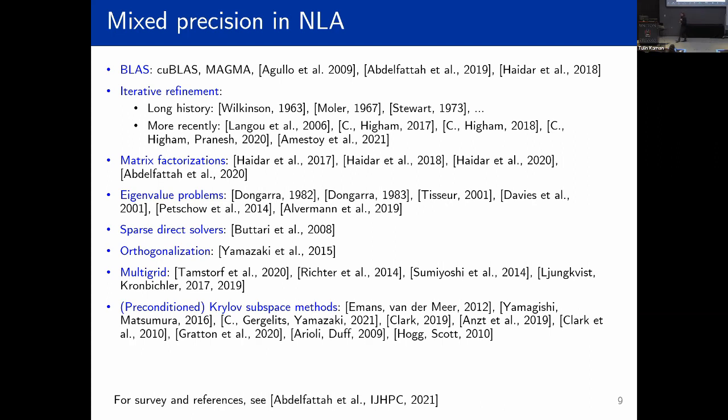There's, like I said, historical work in iterative refinement. There's work on doing mixed precision matrix factorizations, solving eigenvalue problems, both dense and sparse, sparse direct solvers, orthogonalization, multigrid, and Krylov subspace methods. Okay, and some of these papers have rigorous theoretical error analysis behind them, right?